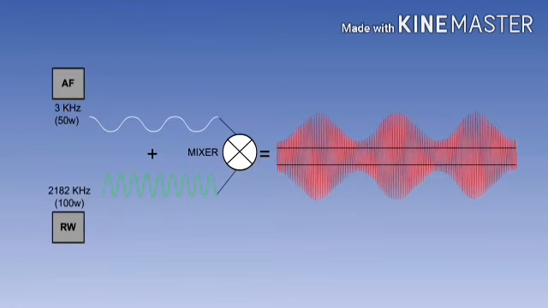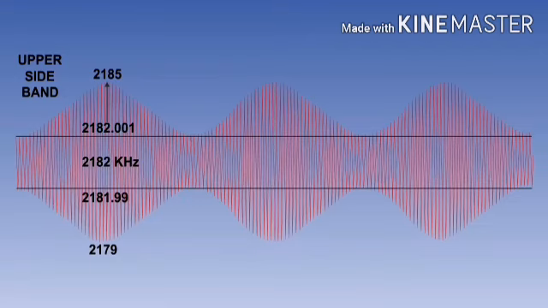For example, an audio frequency of 3 kHz and a low power of 50 watts is used to amplitude modulate a radio frequency of 2182 kHz, which has a high power of 100 watts. The radio frequency remains unchanged, but the audio frequency is split into two sidebands. One sideband extends upwards from 2182.001 kHz to 2185 kHz, the upper sideband.